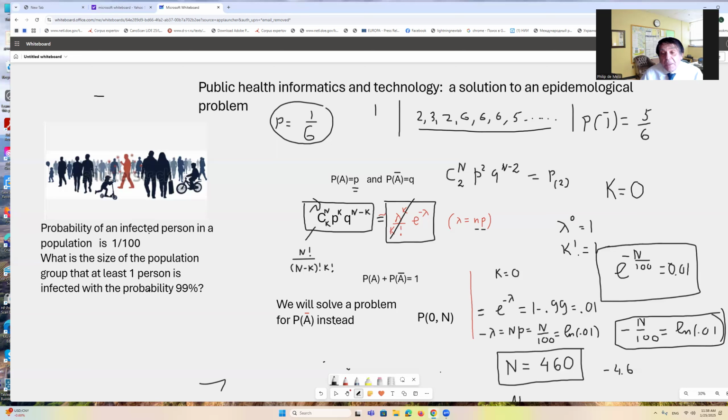This is similar to this. We can solve other problems very easily. For example, if you have probability 1 over 200, let's change it, and you want to find not 99% but 95% probability that you will find in this group of people at least one who is infected and who, let's say, presents a challenge to the health of the community.